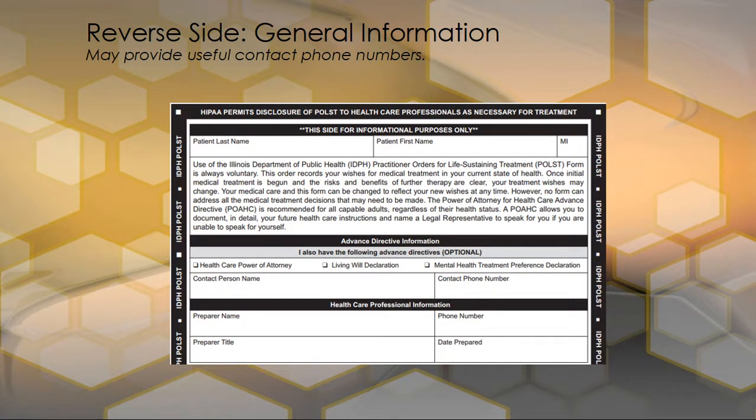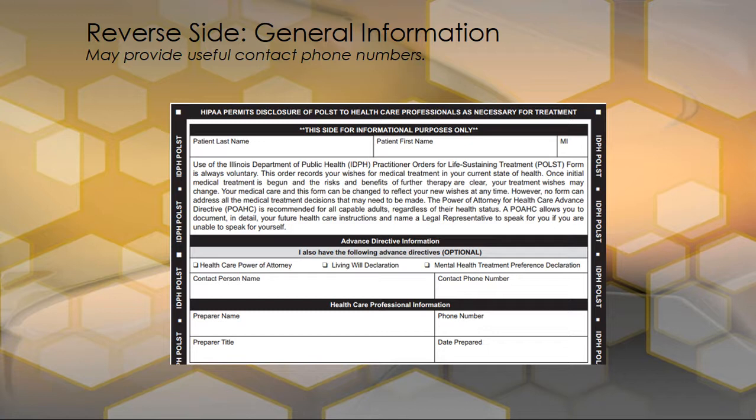There is a page 2 to this form which may or may not have any information on it. It lists advanced directives for the patient. It might provide information for their healthcare provider, for their physician. However, this side is purely optional, and EMS personnel do not need to review or take any action based on any of these notations.